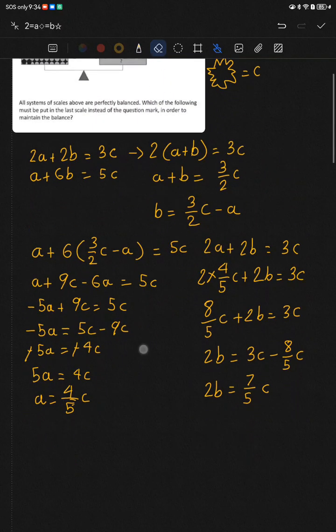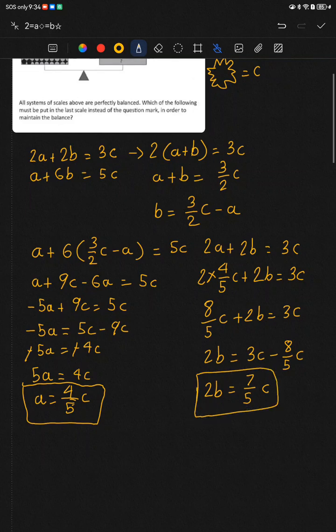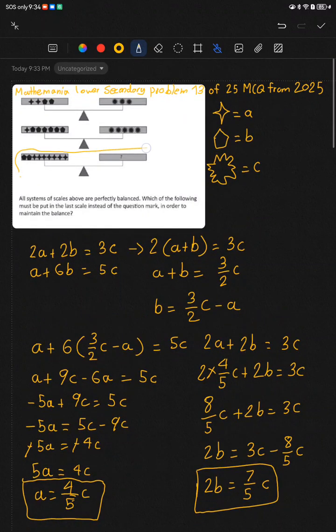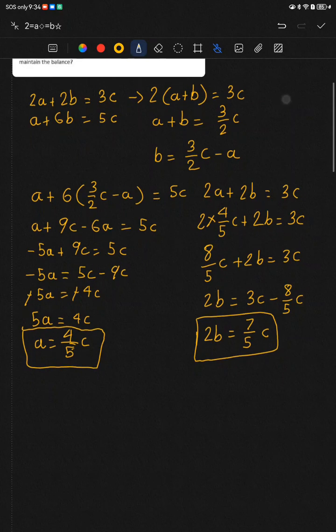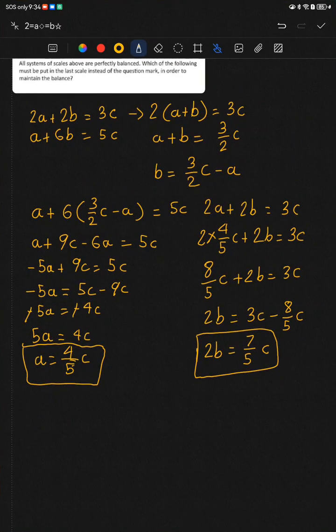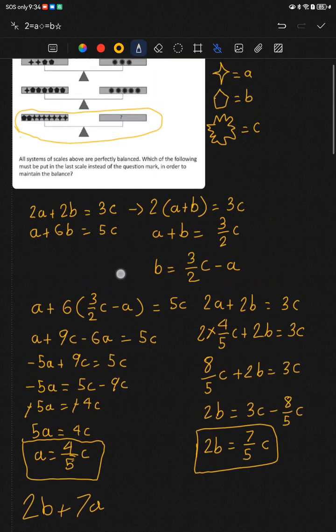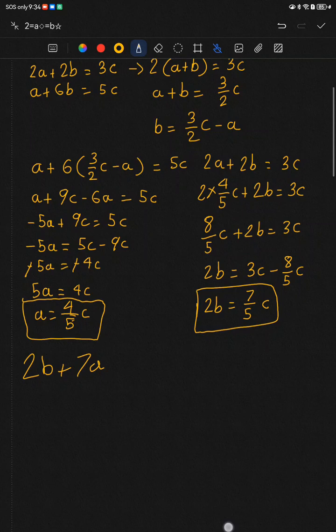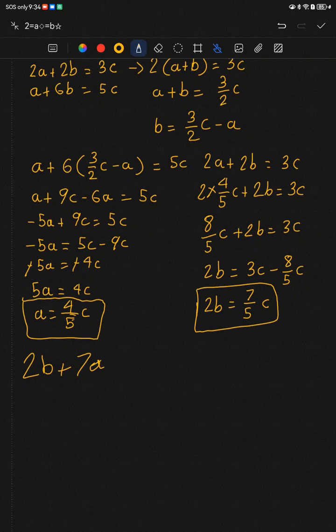So now we've expressed A and B in terms of C. Now all you have to do is add them to get this. So from the third scale, that's 2B plus 7A, that is 7 of these stars, plus 2 pentagons, is equal to what times C?